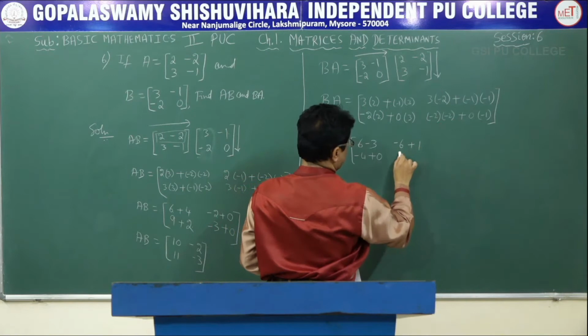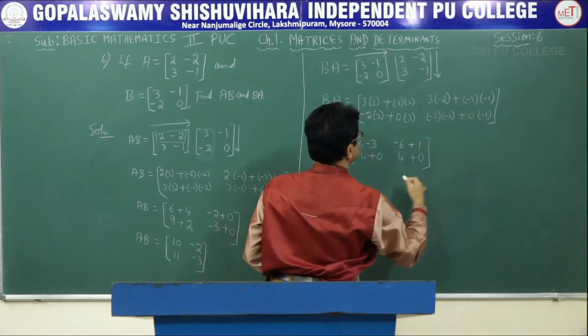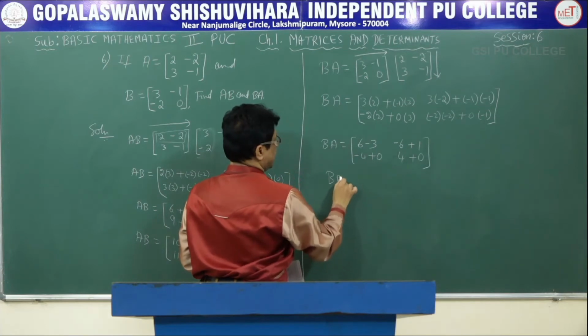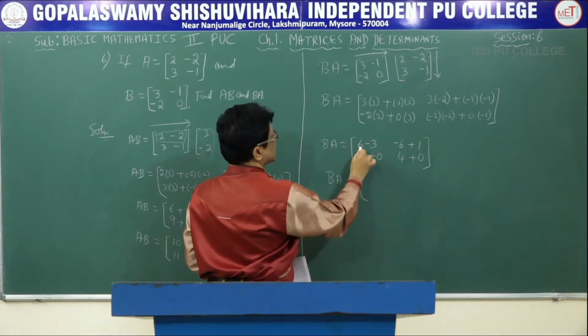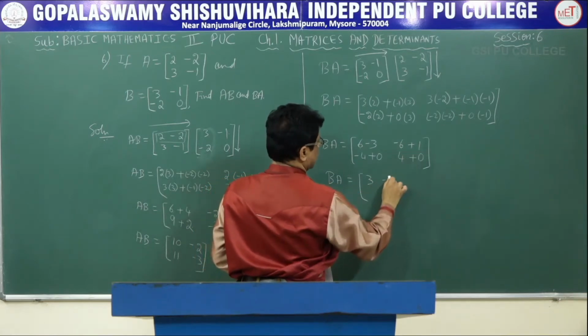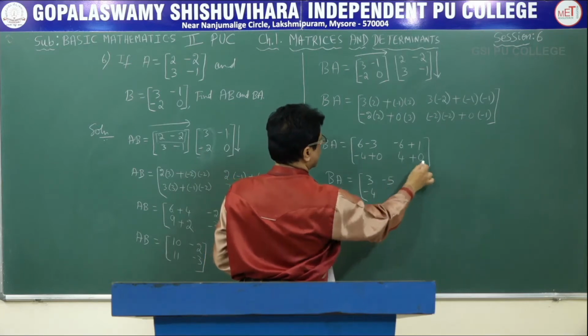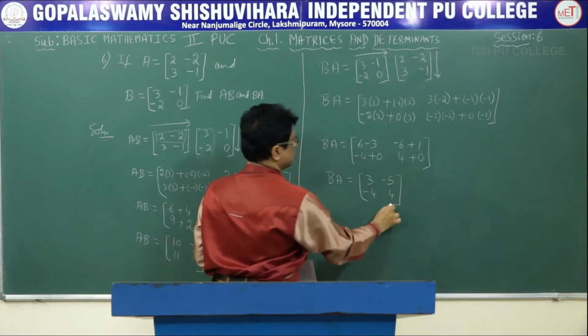Minus 2 into minus 2 is 4 plus 0 into minus 1 is 0. So BA will be equal to 6 minus 3, 3, minus 6 plus 1, minus 5, minus 4 plus 0, minus 4, 4 plus 0, 4.